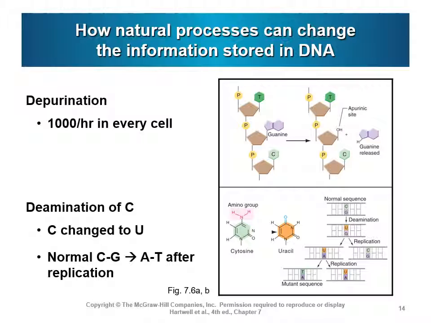This process can be caused by high energy oxygen species. Therefore, like probably all of you are familiar with, that's why people want to use antioxidants, to not have this type of mutation happen within their DNA.